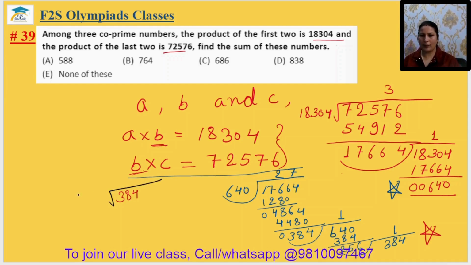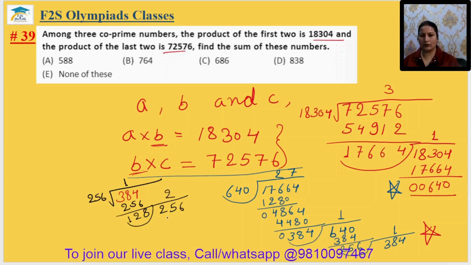384 divided by 256. So again, ones are 256. 14 minus 6, 8. Now 7 minus 5, 2. 1, 2, 8 divided by 256.